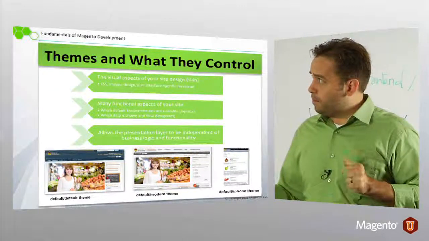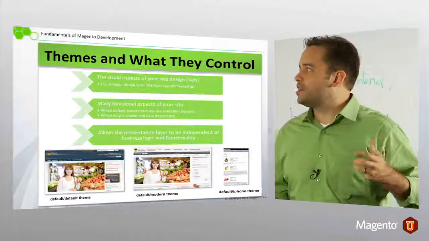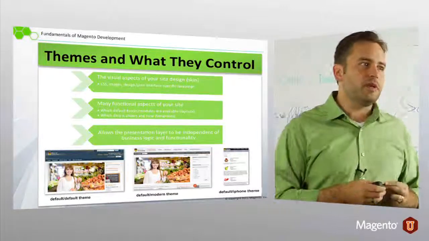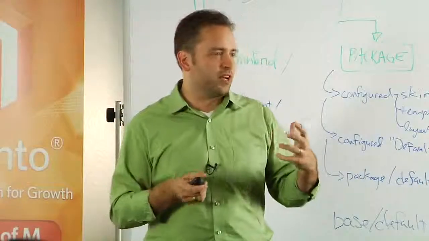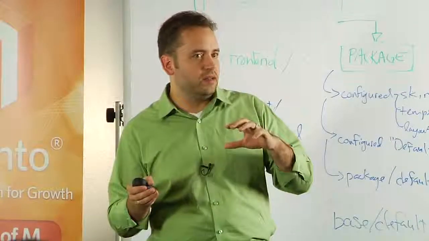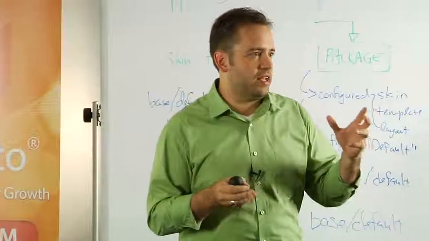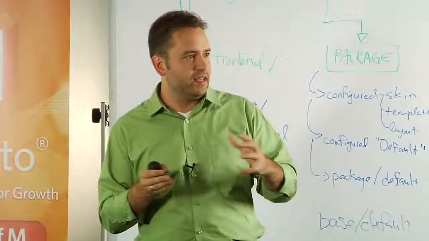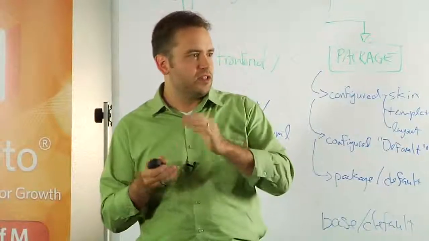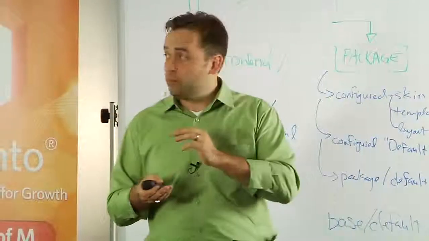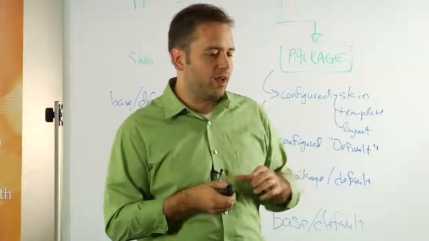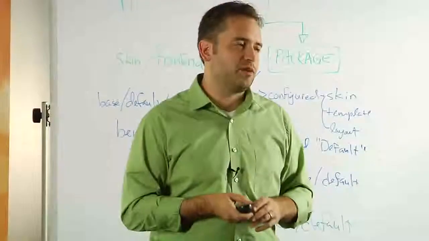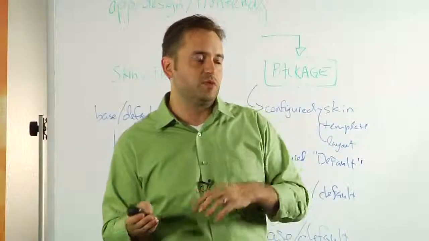The functional aspects of your site, so these would be the templates. This is what we discussed earlier with this binding between block classes and templates. So some of the functionality is dependent on the presentation layer. Down here, if we need some kind of custom functionality, we might actually have to deal with a theme customization as well as blocks.